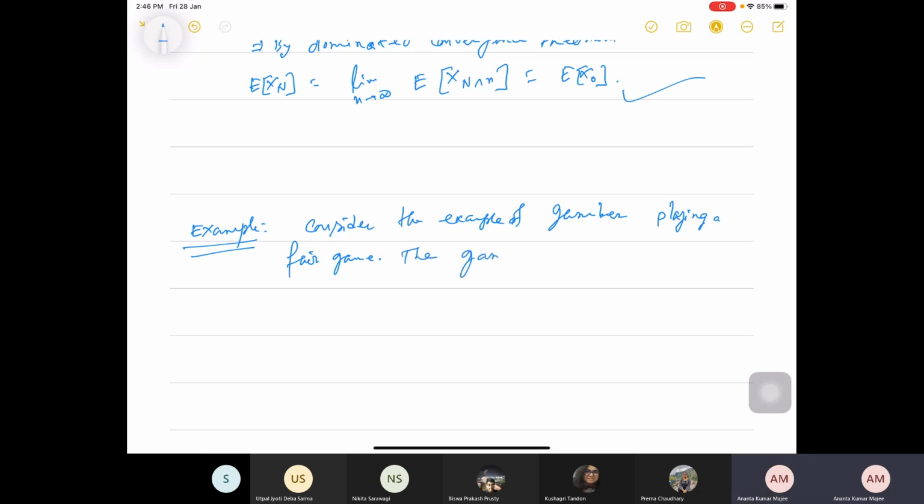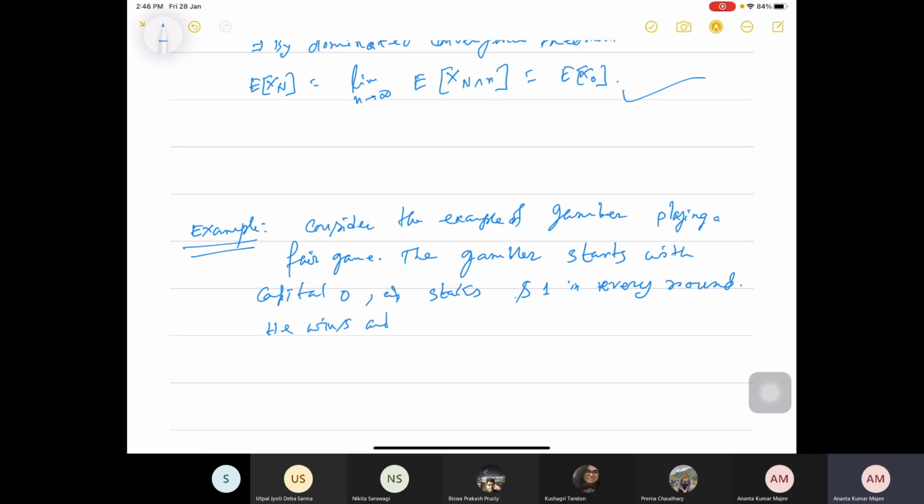The gambler starts with capital 0 and stakes say $1 in every round. So he wins and loses with probability half in each round.